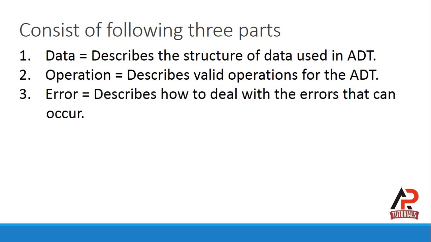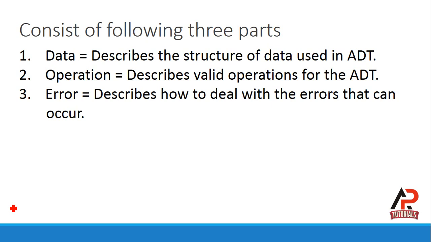First is data, second is operation, and third is error. Data describes the structure of data used in the abstract data type, whereas operation describes the valid operations for the abstract data type.